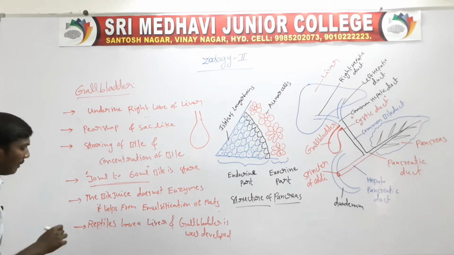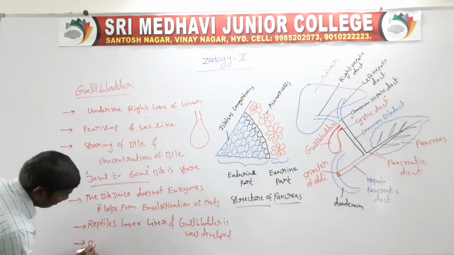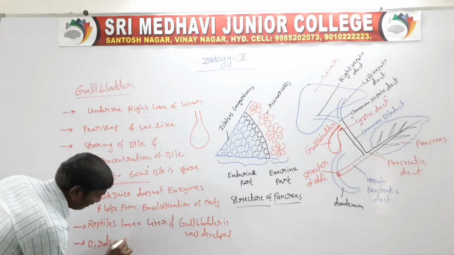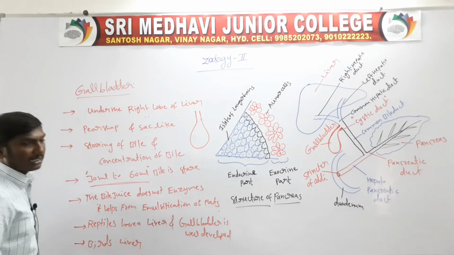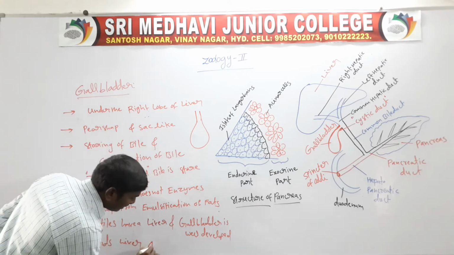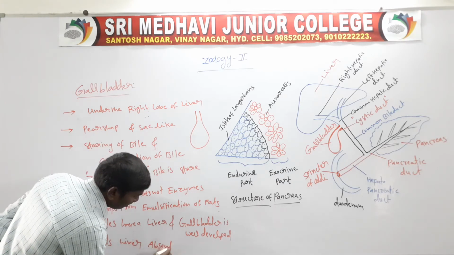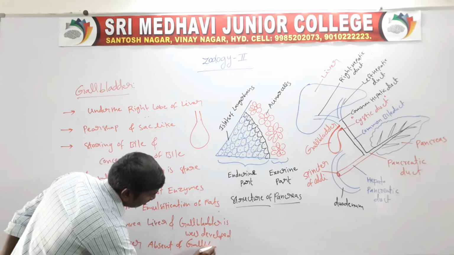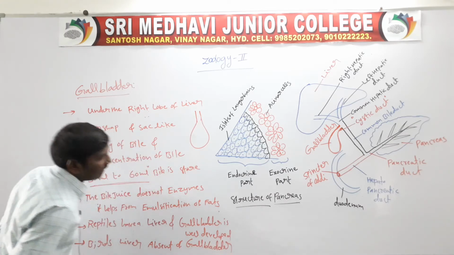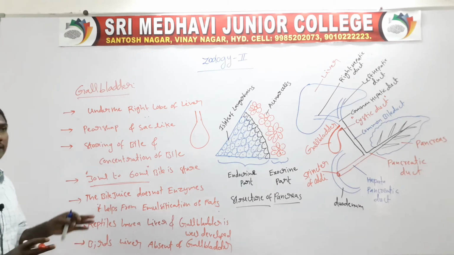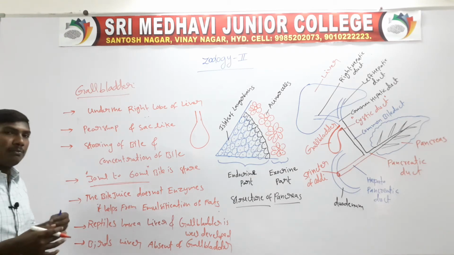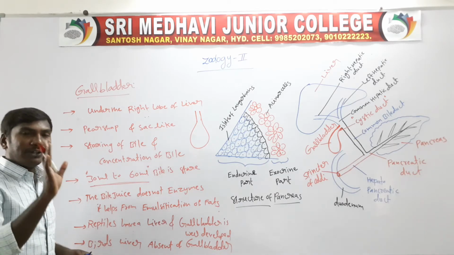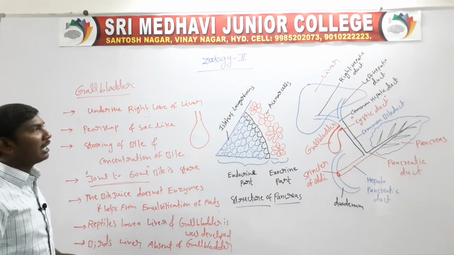Birds have only the liver, and the gallbladder is absent. In reptiles, a well developed liver and gallbladder are present, but in birds only the liver is present and the gallbladder is absent.